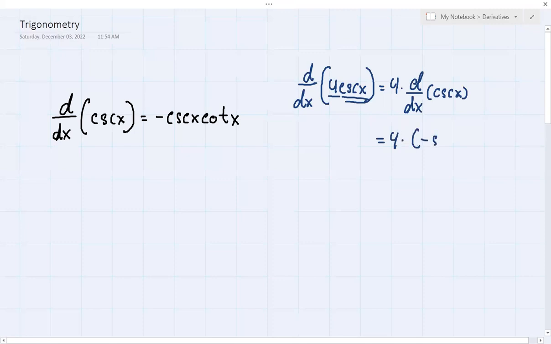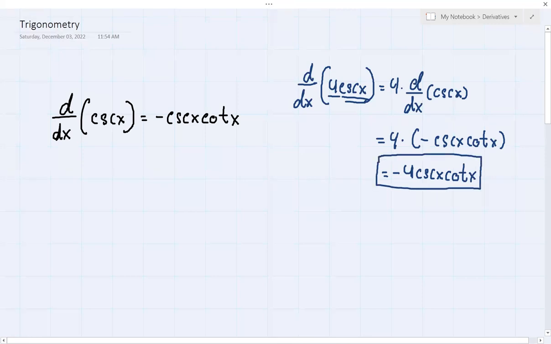So we have negative cosecant x times cotangent x. So i-multiply mo sila. So we have negative 4 times cosecant x times cotangent x. That's it. Okay? That is your final answer.